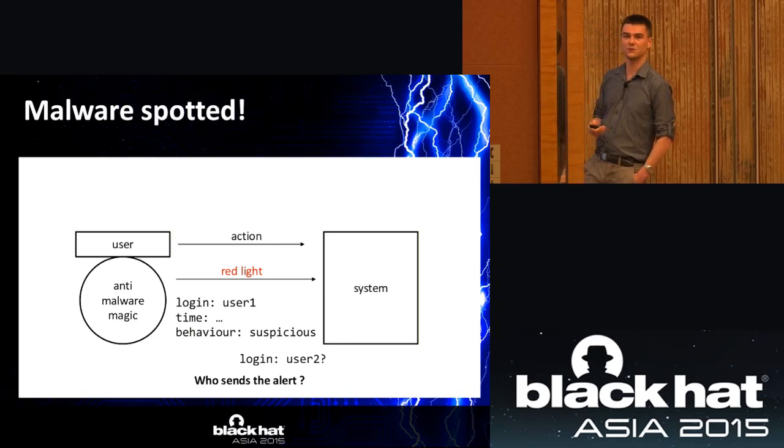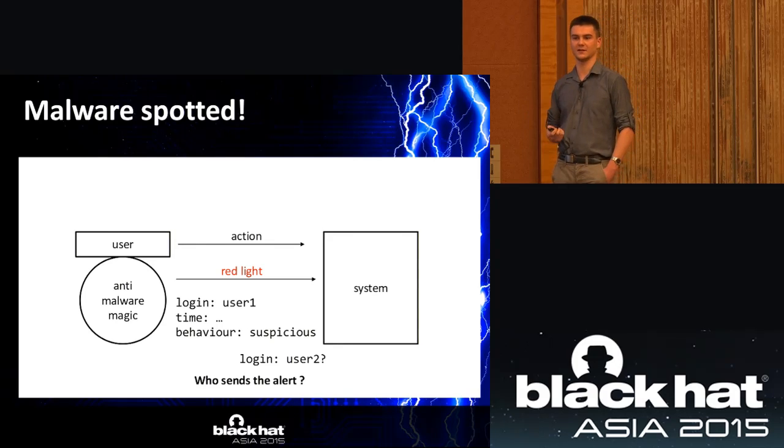So the question is, who sends the alert? Who should send the alert? It should not be the client browser. The client browser should actually send the binary information if there is a malware or not. In this case, it was not very good.